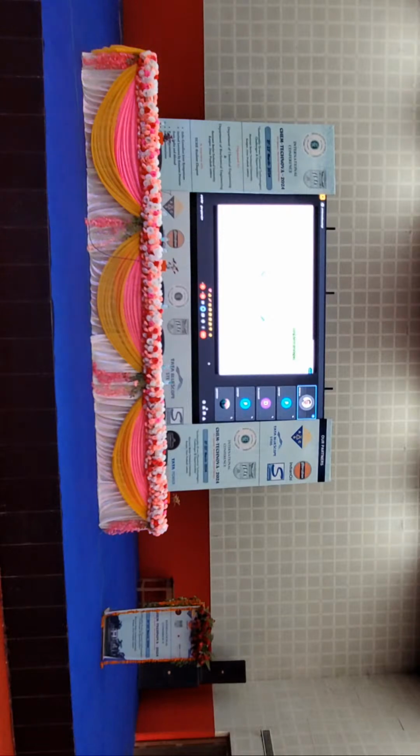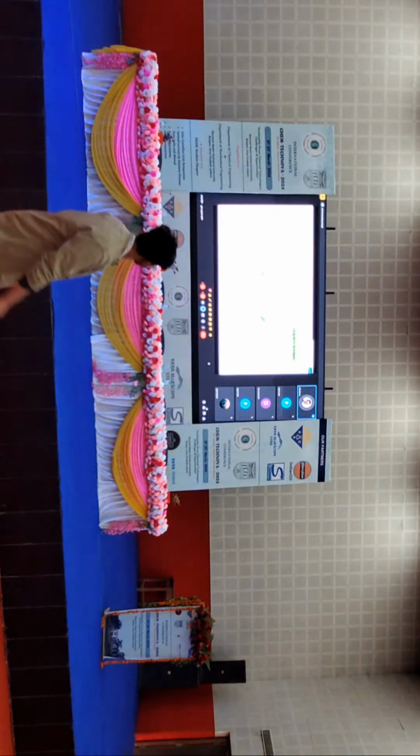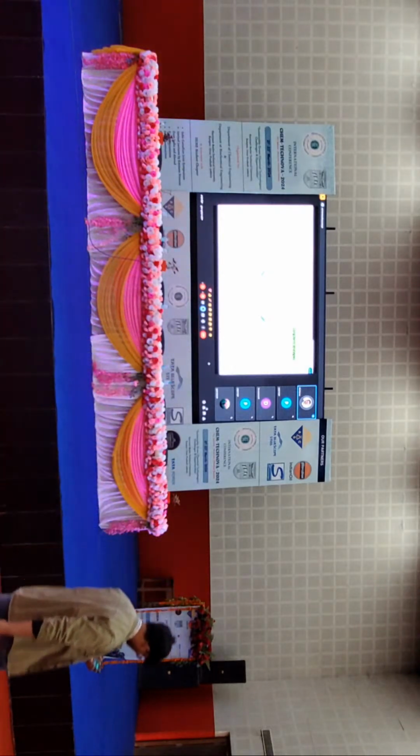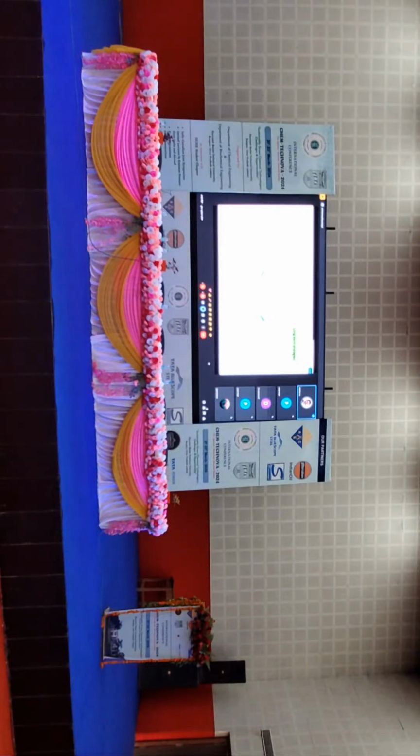Later, if it is charged by renewable energy, that will be the best option. Presently, we are charging electric vehicles with the help of the grid, and that grid is primarily run by coal power plants. But ultimately we have to reach charging by renewable energy.